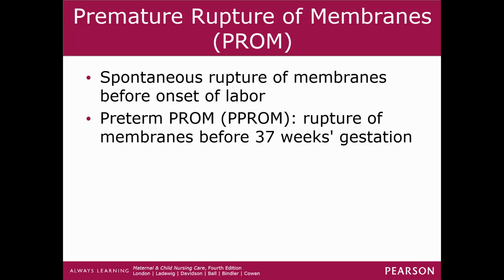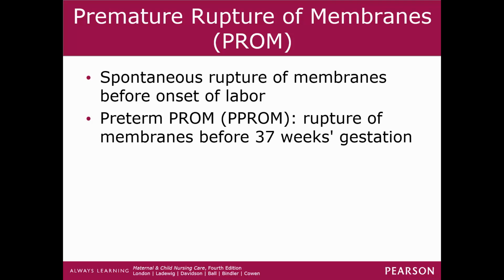So if she's term, her water breaks, but she is not contracting, not dilating, not in labor, and that does happen fairly often, then we need to induce her in some way, shape, or form. So premature rupture of membranes is when her water breaks and she is not in labor, not contracting, and she is 37 or more weeks.